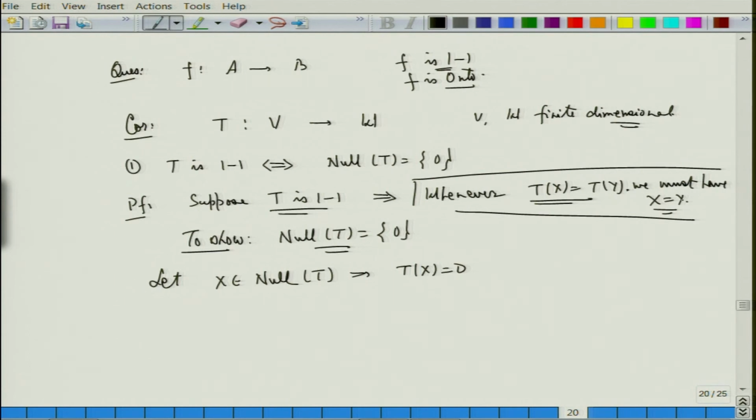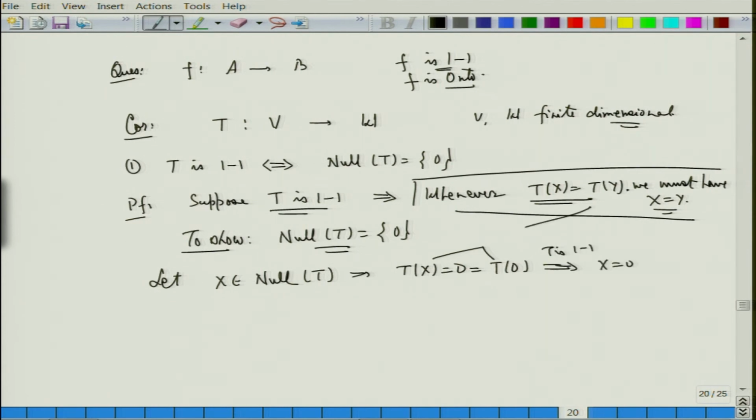Fine. We want to show that T is 1, 1 implies the null space of T is 0. So take any x belonging to the null space of T. By definition of null space, T of x is 0, but I know that 0 is always equal to T of 0. All right. The 0 vector of the domain is sent to the 0 vector. So what we see here is that T of x is equal to T of 0, and therefore here I can apply T is 1, 1 to get that x is equal to 0.